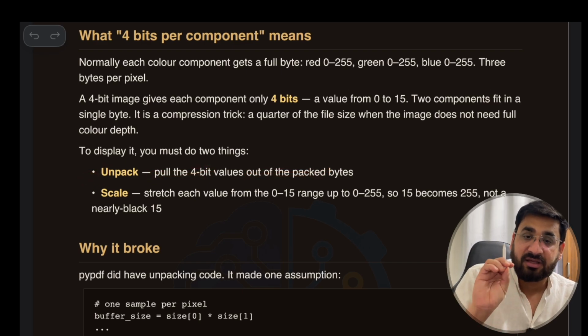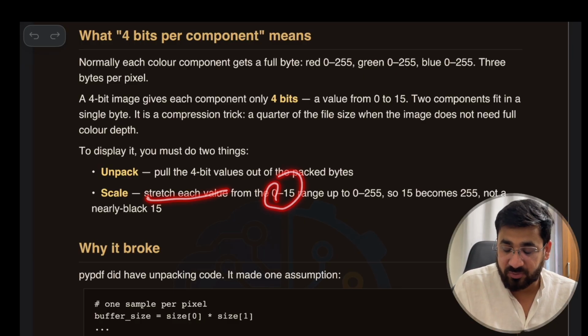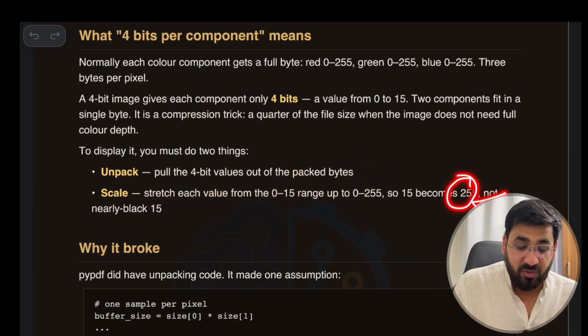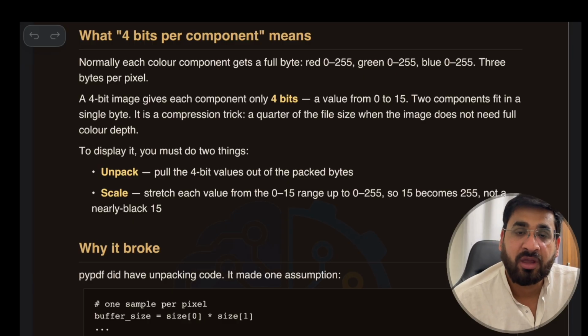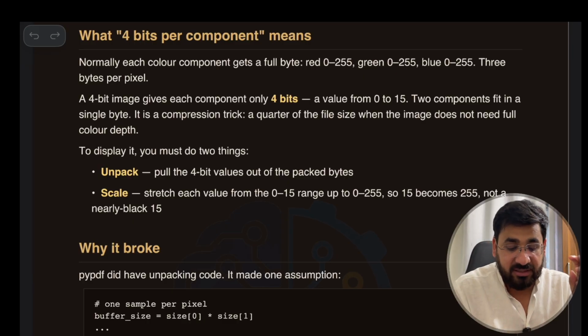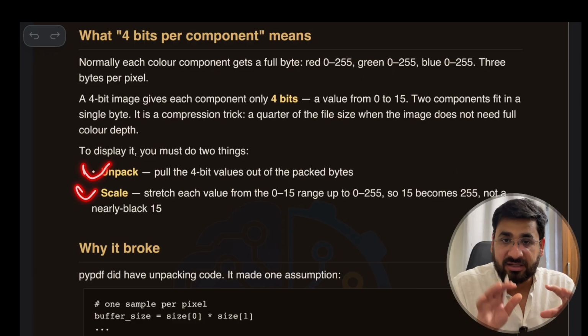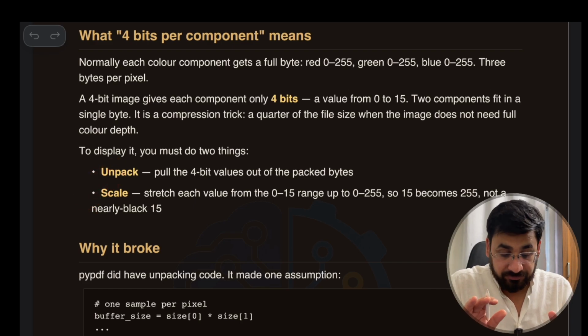And if it is downscaled, then you have to scale it back up. Okay, because you stretch each value from the 0 to 15 range up to 0 to 255. 15 becomes 255, not nearly black like 15. So first it does packing and then downscaling. While retrieving it, we have to do the opposite: unpack and scale.